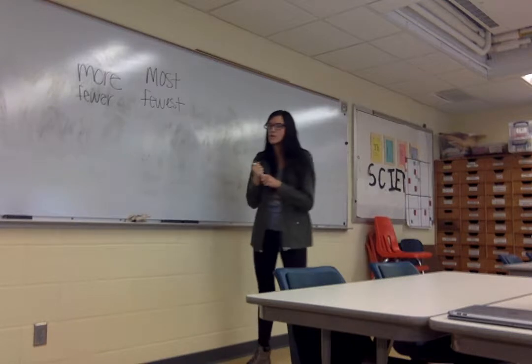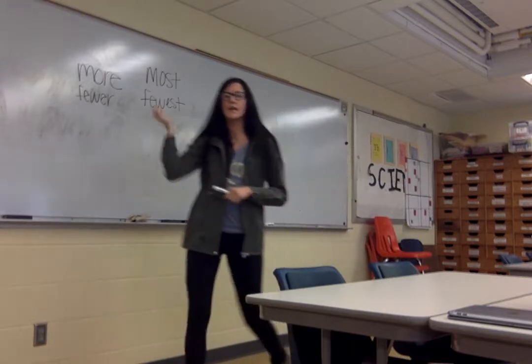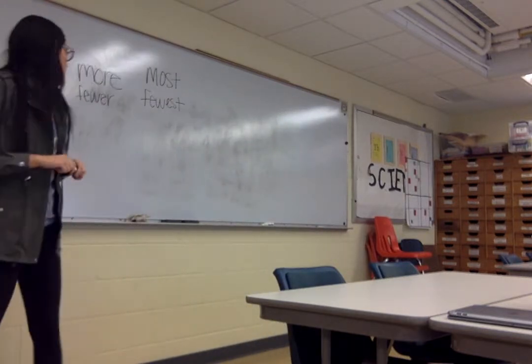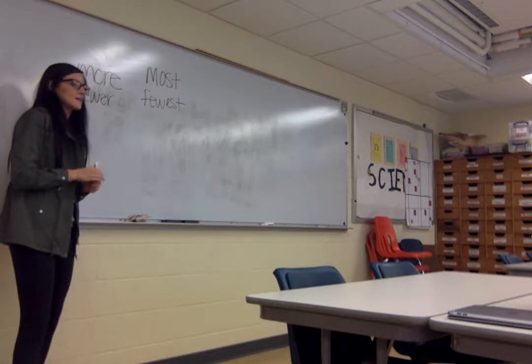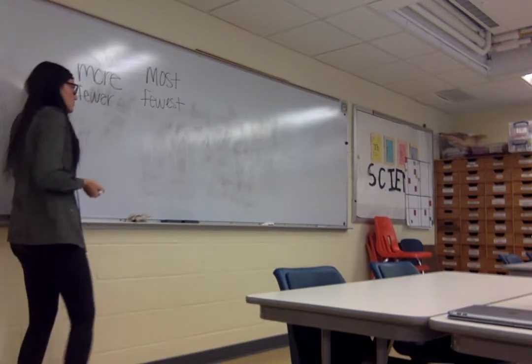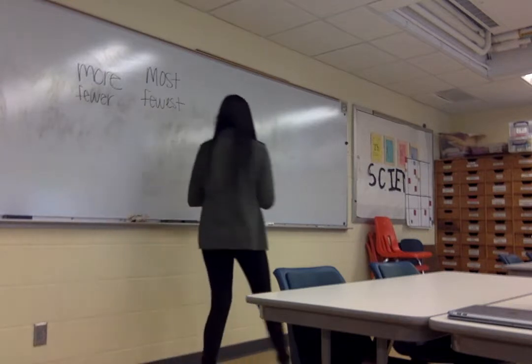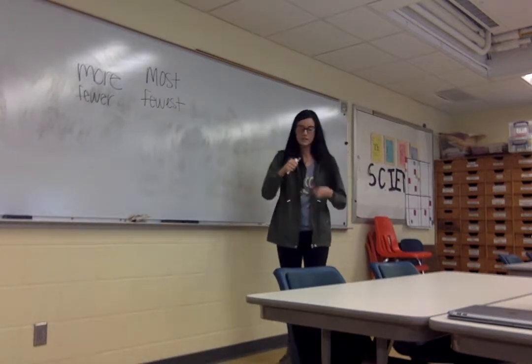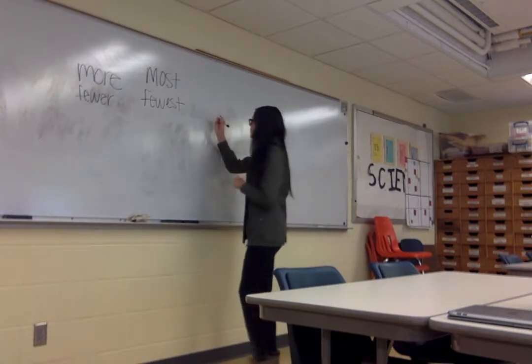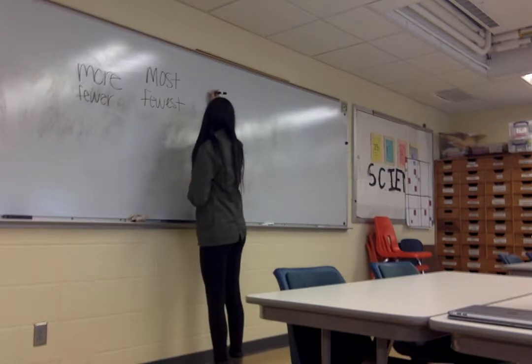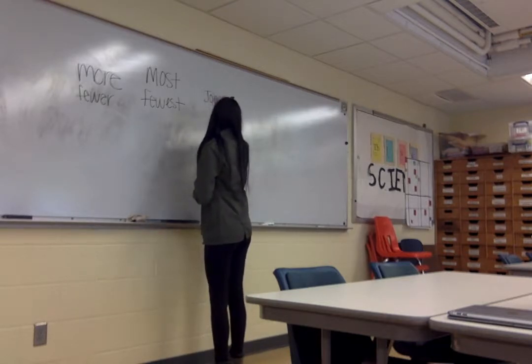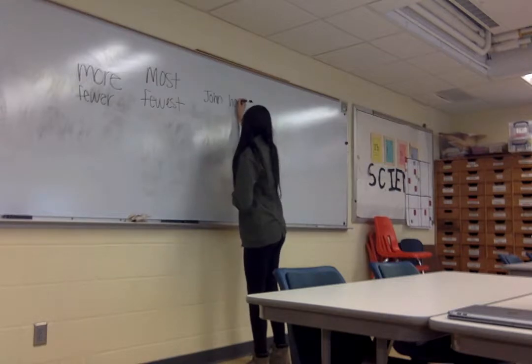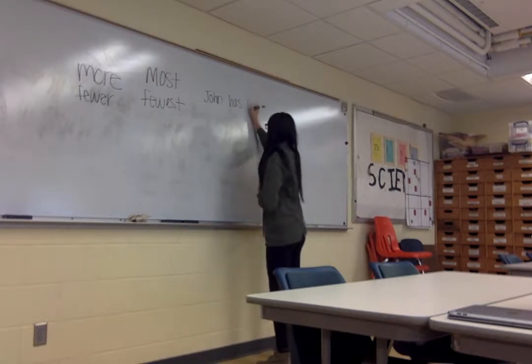Fewest. So I'm going to write a word problem on the board, and I want you guys to use your boogie boards, and you can draw pictures, you can use an equation, you can count with your fingers, but I want you to really take your time to figure it out. So John has 6 pencils.